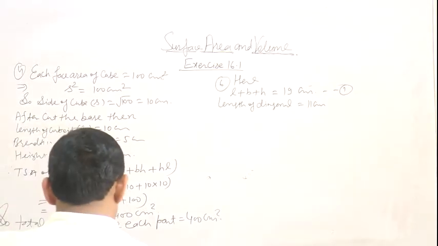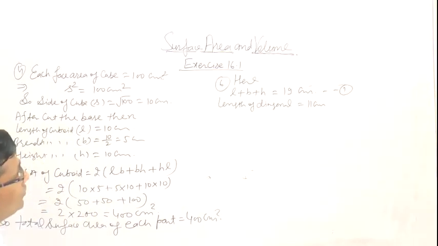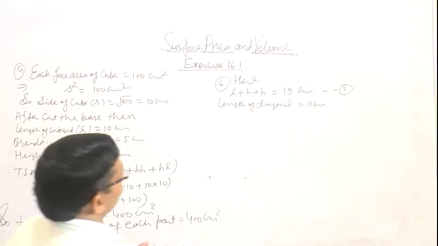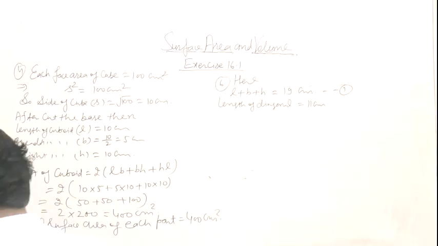In this question we have two conditions. First condition is sum of length, breadth and height is 19 centimeter. And second condition is length of diagonal is 11 centimeter.